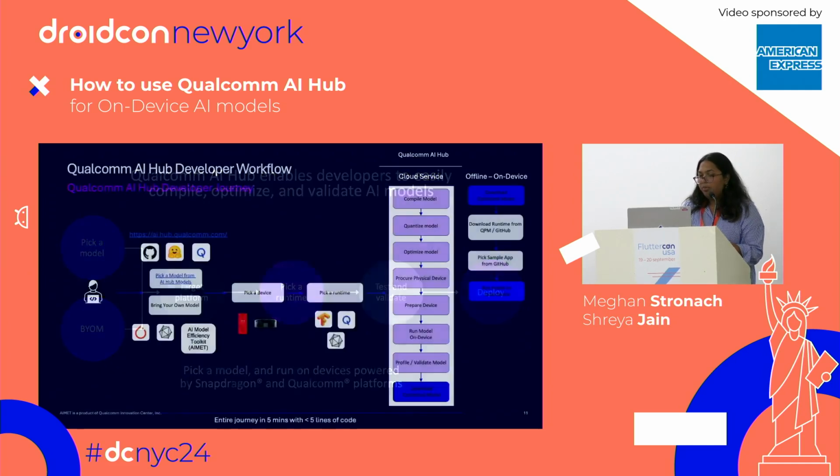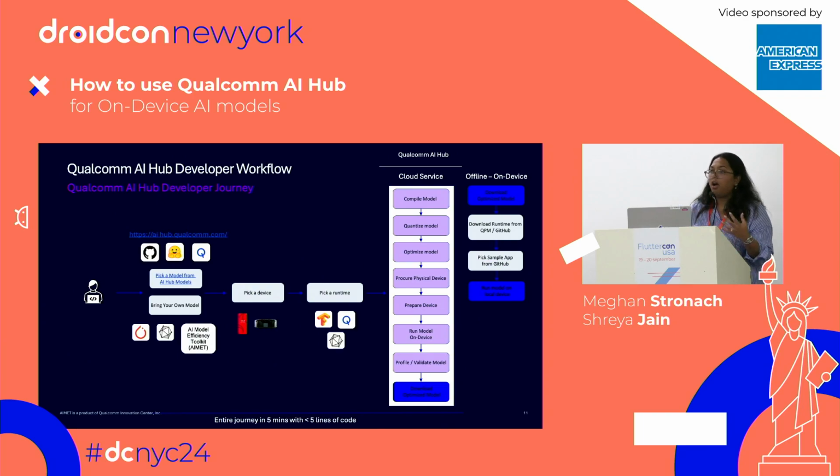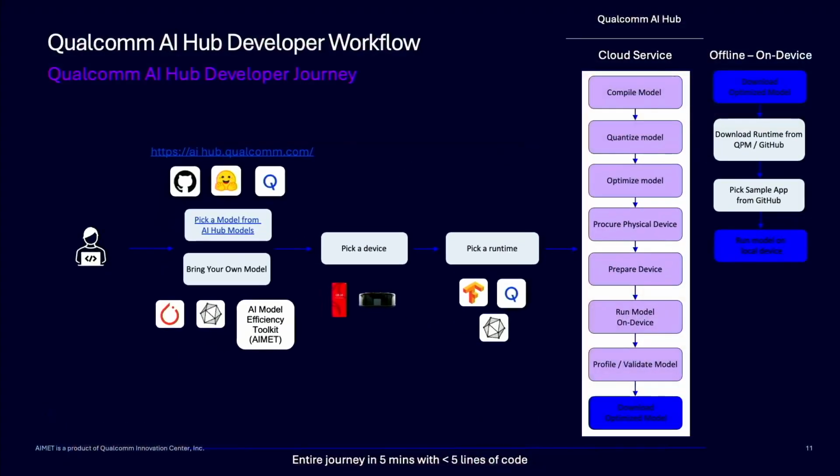So let's go a little bit further to understand how the AI Hub developer workflow is. Once you pick models from our website, which are also on Hugging Face and on GitHub, you can bring your own model in the PyTorch format, the ONNX format, or quantized using AIMET. And then you need to pick a device.